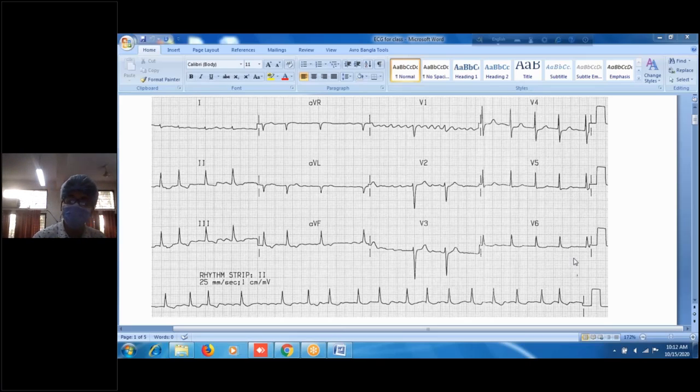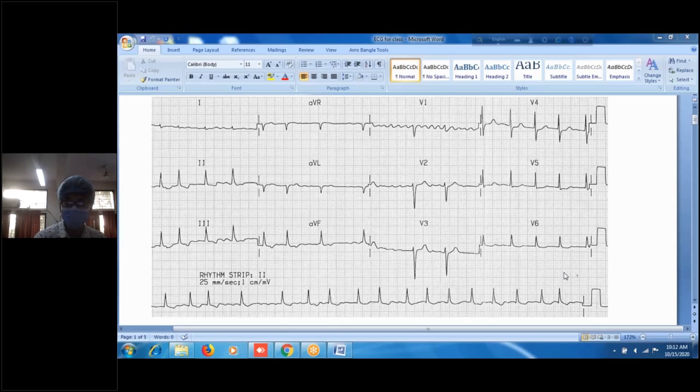Sometimes a scenario like this: a 40 year old female presented with palpitations and sweating, with a goiter in front of the neck, and an ECG has been done, which shows that the ECG is like that. This may be a scenario. Scenario-based questions may also be asked in your ECG exam. So the presentation of atrial fibrillation will be like that.